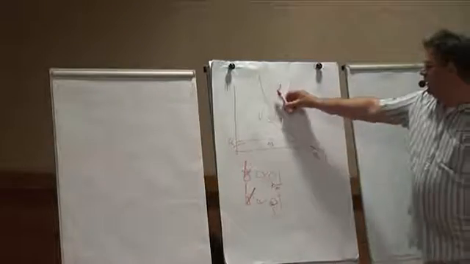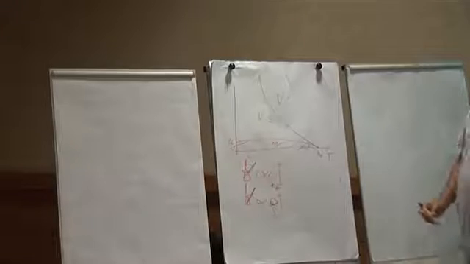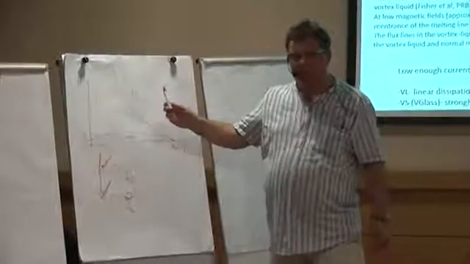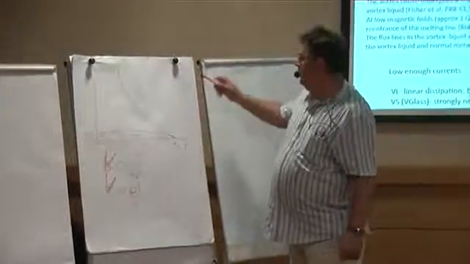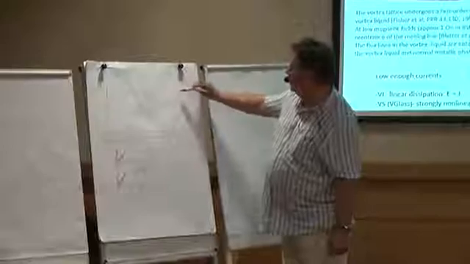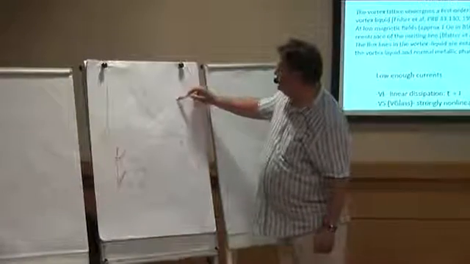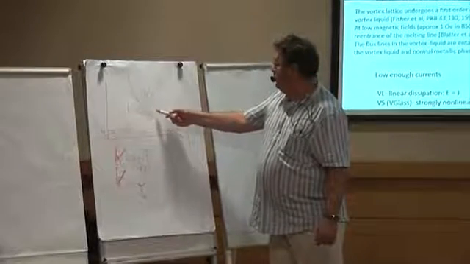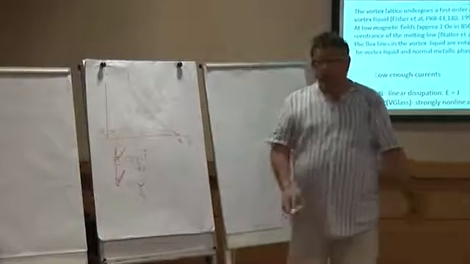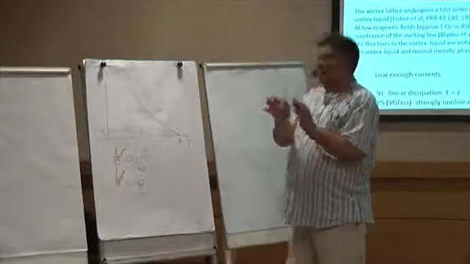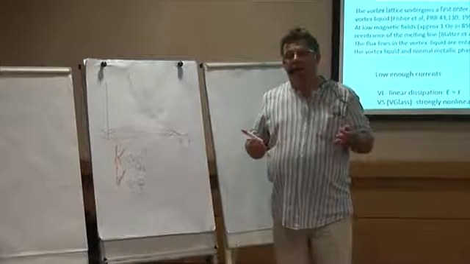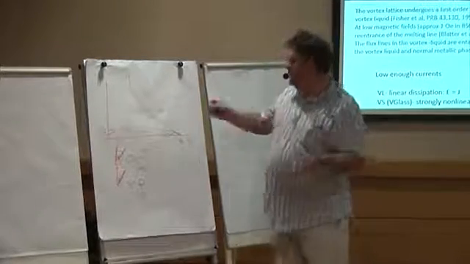So here we have a linear dependence of dissipation or voltage on the current, but also here we have a linear one. So linear dissipation, linear dissipation. What happens is the crossing between the vortex liquid phase and the normal phase is not a phase transition. It's just a crossover, something you slowly make, like honey.